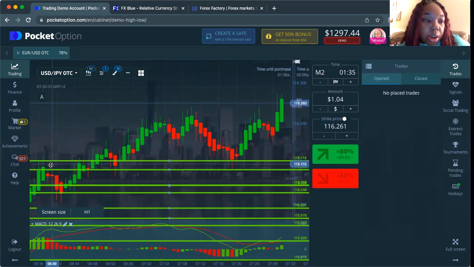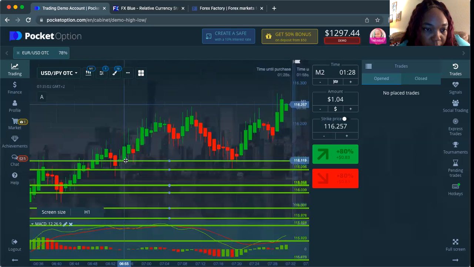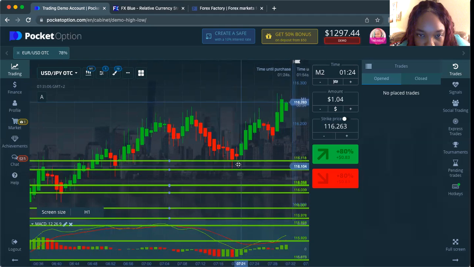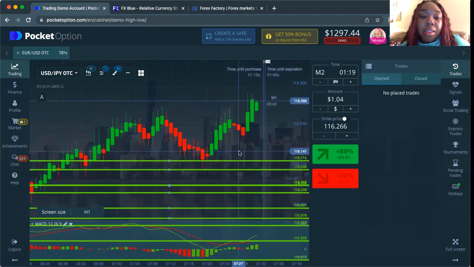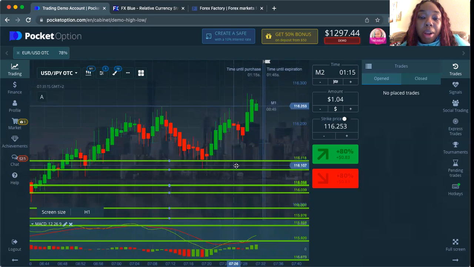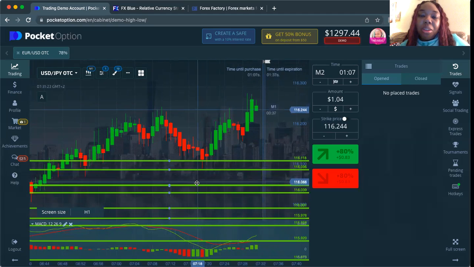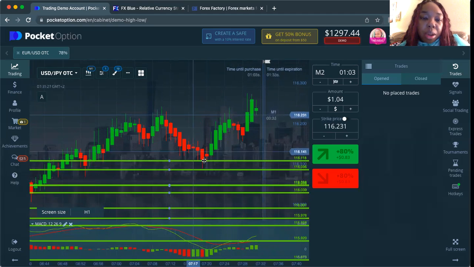So the 118 area, price hit 1, 2, 3, 4, 5, 6, 7, 8, and 9 times in this area. So that's 9 times this pair has gone to this price. So this price is very important. Just keep that in mind when you're marking your charts, no matter which pair it is.